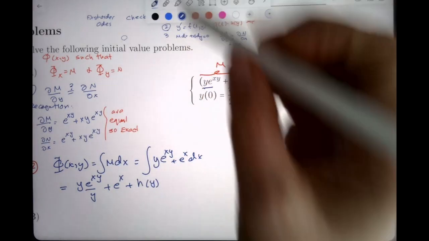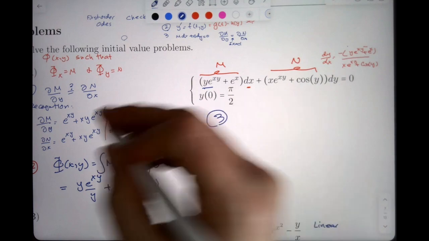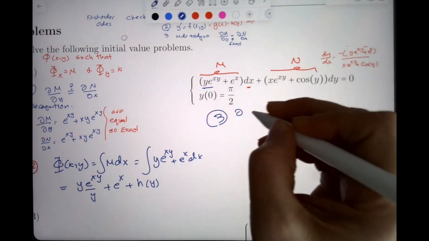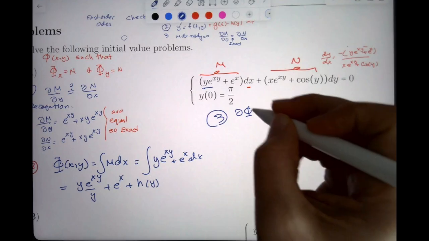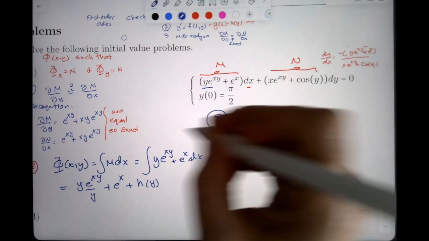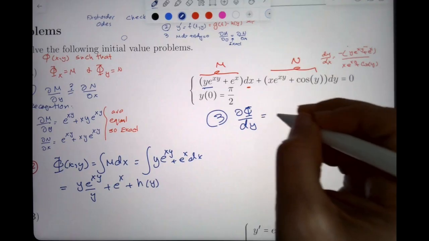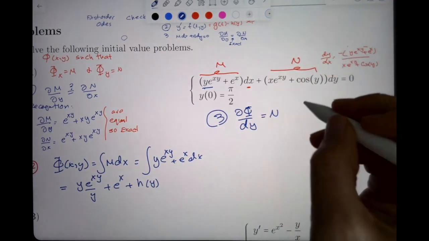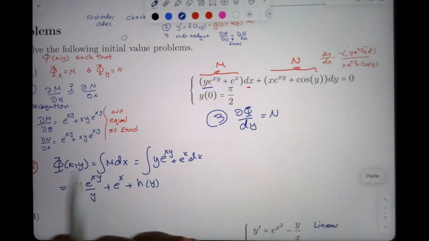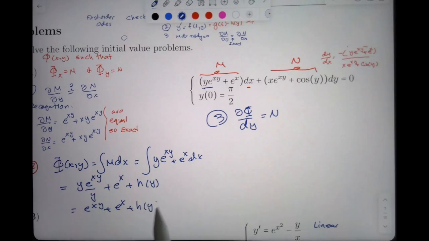In that situation, I have to figure out a comparison with n, because that's a function of y. So step 3, I take the derivative of the phi that I found with respect to y, and then I compare to n. By the way, phi is just going to be e to the power xy plus e to the x plus h of y.